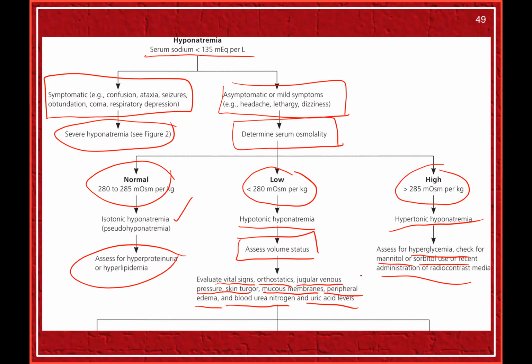These will give an idea about whether there is a bounding pulse or a very weak pulse, systolic very high, or the total pulse pressure very widened, as in the case of hypervolemia, or the pulse is very weak and thready and the BP is low, which is on the hypovolemia side. You know how to assess the volume status and decide whether it is hypovolemia, normovolemia, or hypervolemia.